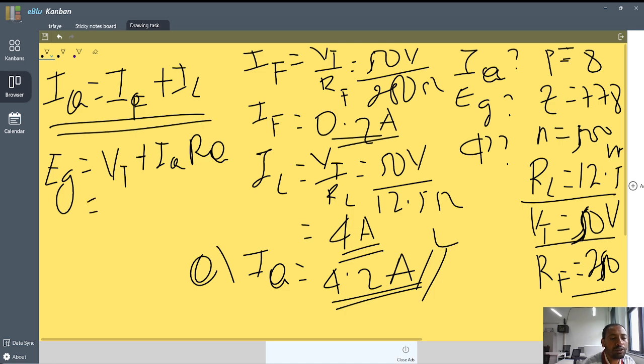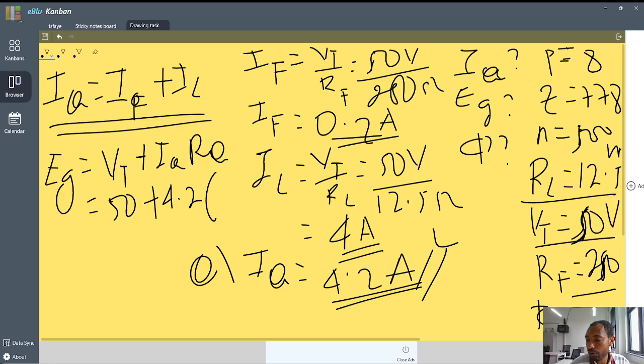We know VT is 50, plus IA is 4.2 times RA. RA was already given to be 0.24 ohm. So it is 0.24.